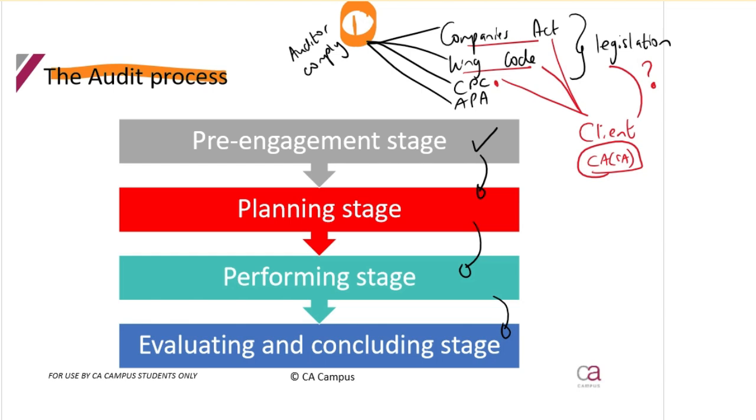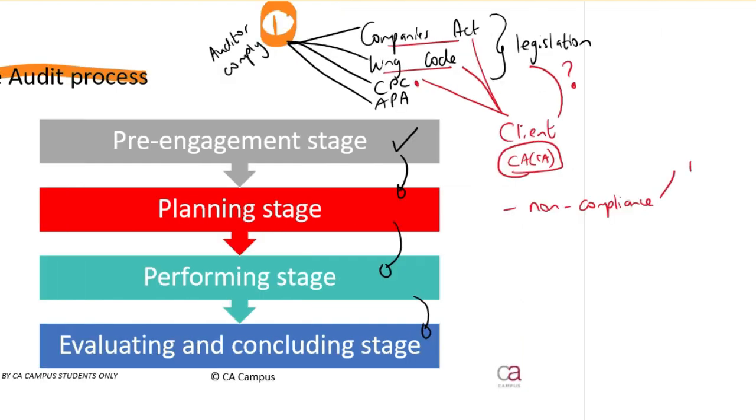Those risks could come from non-compliance with anything: IFRS, the accounting standards. They could come from non-compliance with the Companies Act, where there is a section requiring specific compliance for transactions and they're not adhering to that.